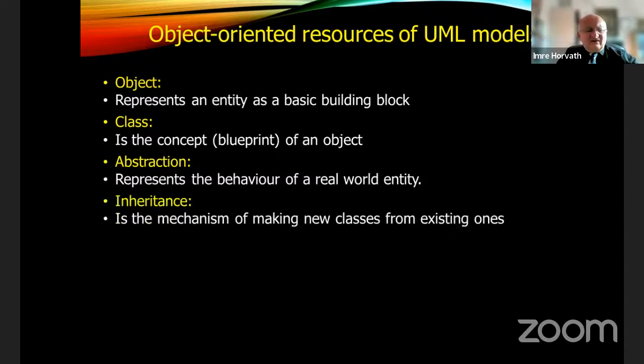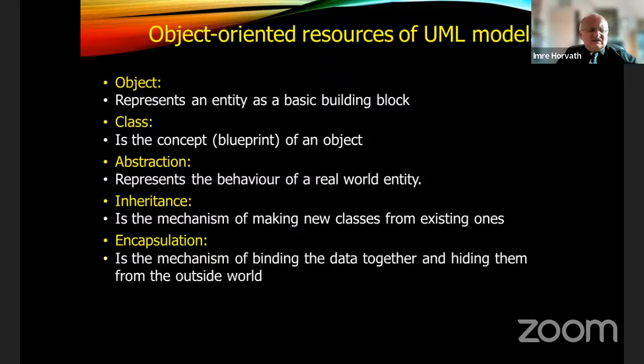We have the inheritance I just mentioned. It is a mechanism that makes new classes from existing ones and passes the related data structure or processing methods to the derived entities.